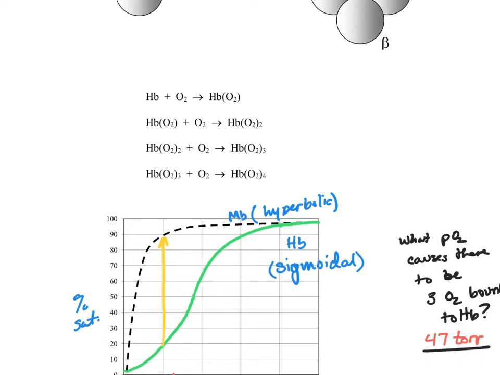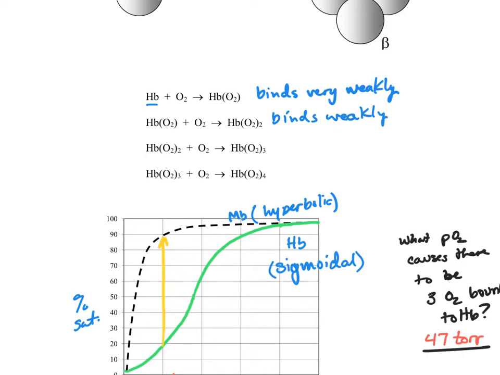When you have empty hemoglobin, the first oxygen to bind binds very weakly. However, once it binds, it helps or cooperates with another oxygen to bind, and that one binds a little bit less weakly. So we'll just say the second one binds weakly, not very weakly, but weakly.